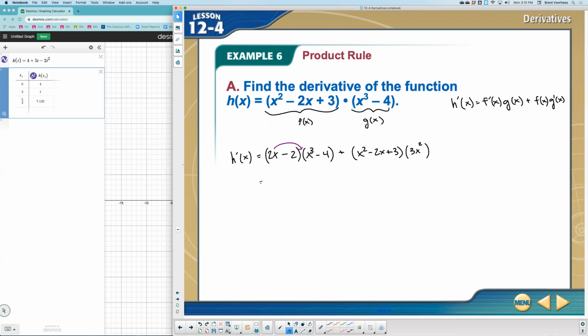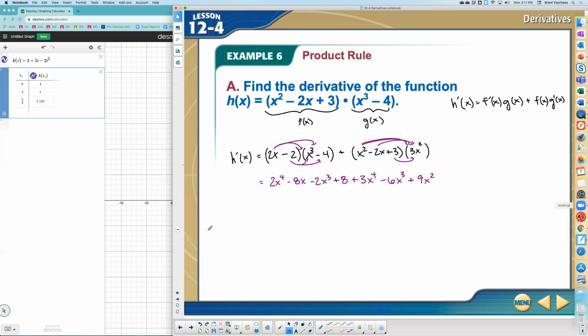So here I would have 2x to the 4th power minus 8x minus 2x cubed plus an 8. Over here, we'll distribute and we'll have plus 3x to the 4th power. Now this one here will have minus 6x to the 3rd power. And finally, plus 9x squared.